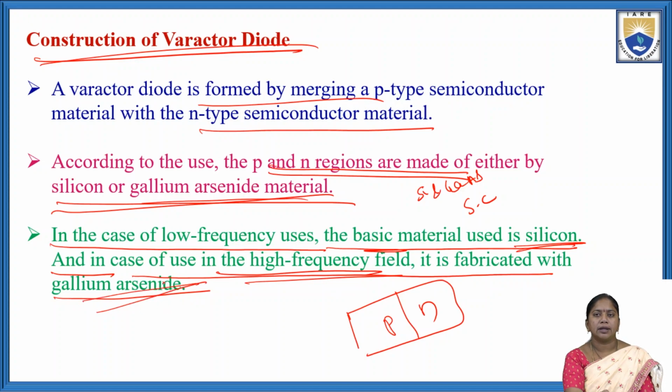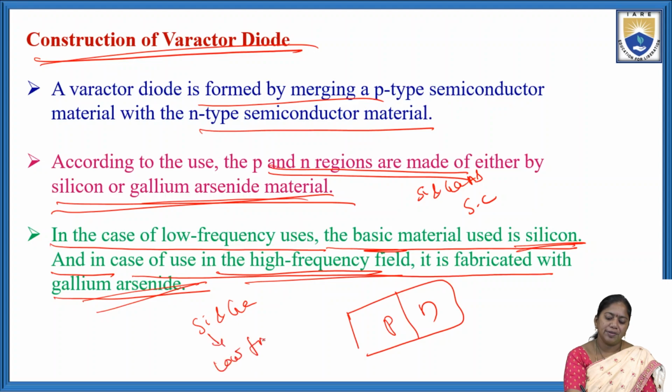So, the varactor diode can be fabricated using either silicon or gallium arsenide. Silicon is used for low frequency applications, and gallium arsenide is used for high frequency applications.